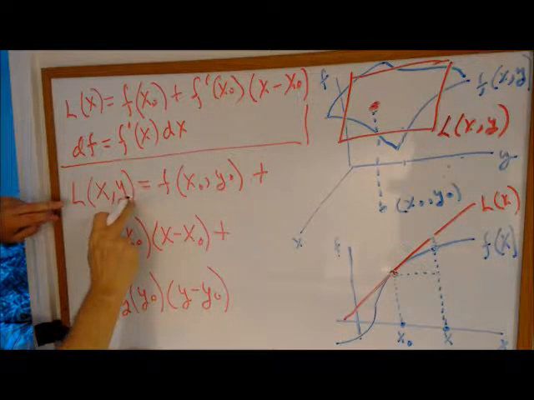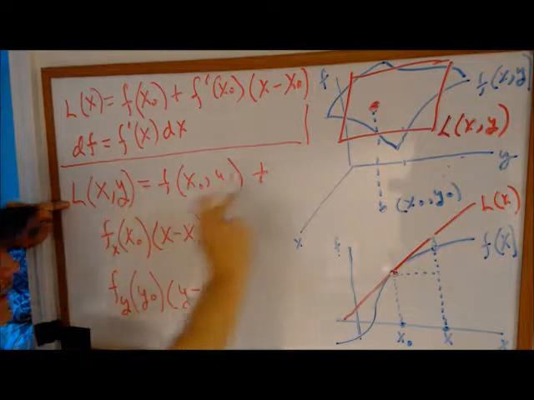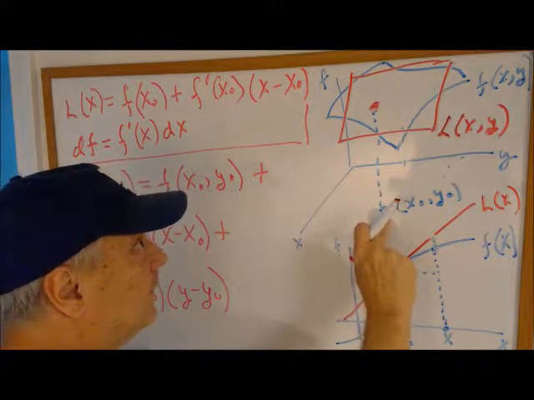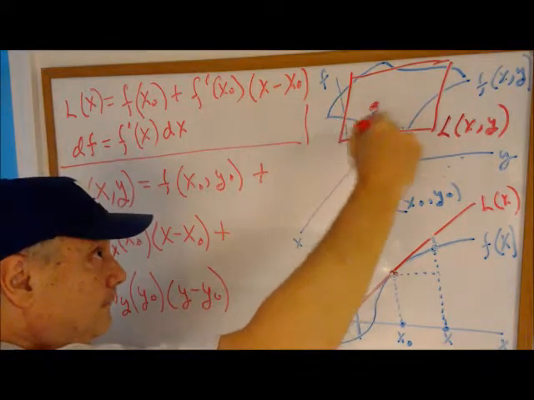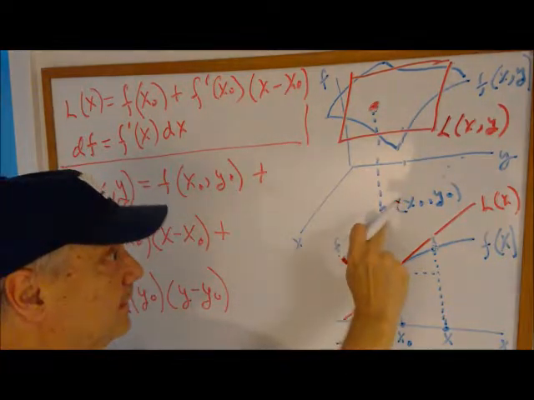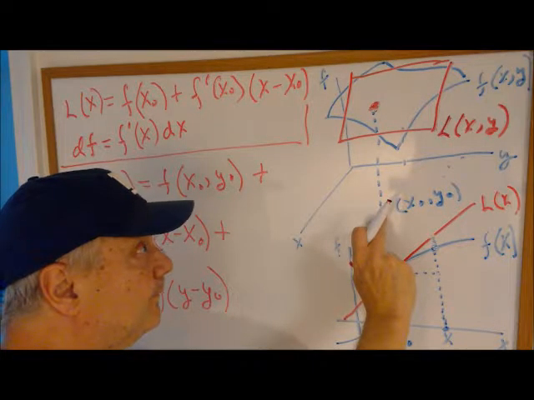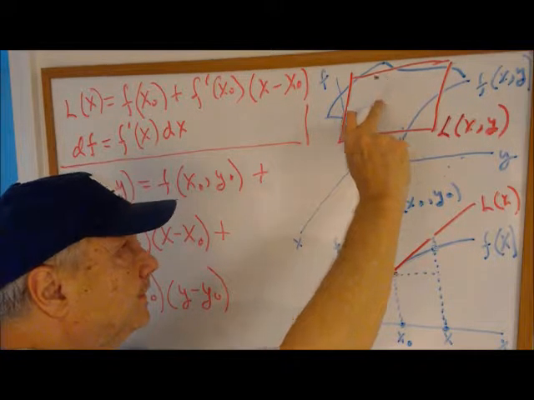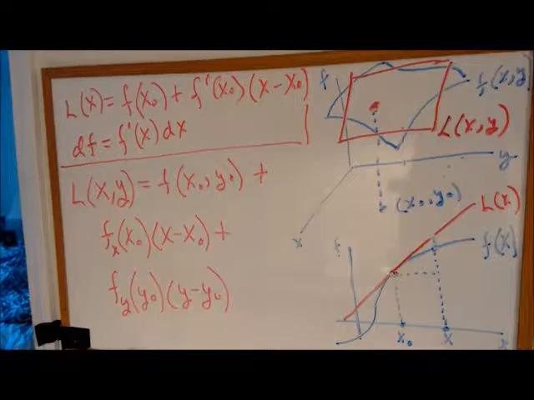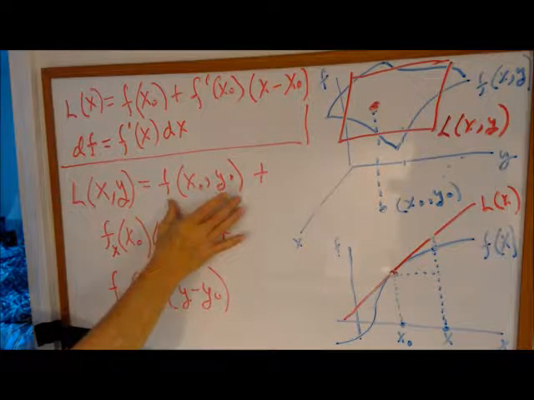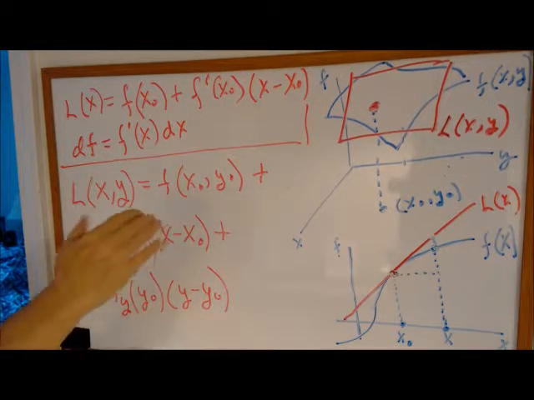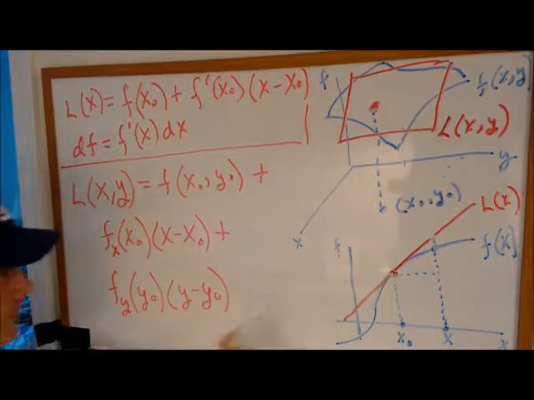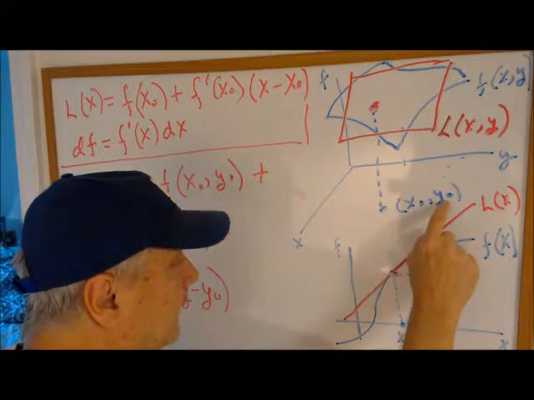We say L is exactly equal to F at this point, and L is near F at points near this point in the plane, or actually this point in space. Okay, so now what's the differential? Well, again, we're going to take this, put it on the other side, and let arbitrary values of x, y get closer and closer to x naught, y naught.